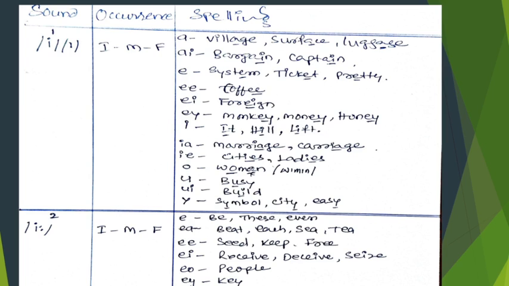No, it is bargain. ai is i. And in some words with a, for example, system. The letter y is giving i sound. With double e, for example, coffee. Don't say coffee with a long vowel, it's not a long vowel.